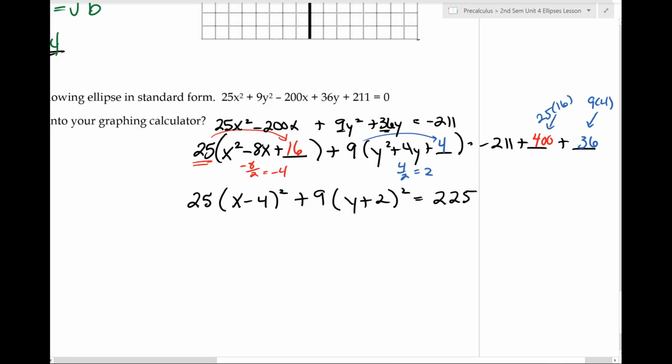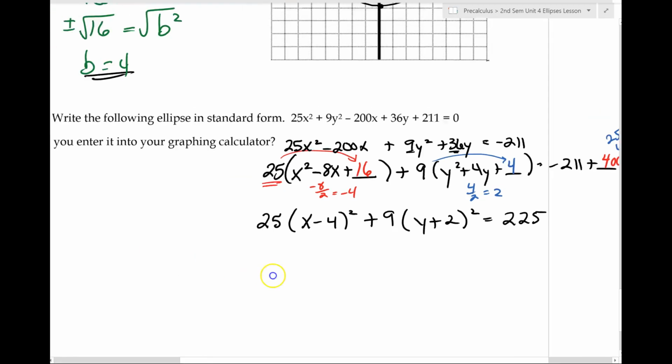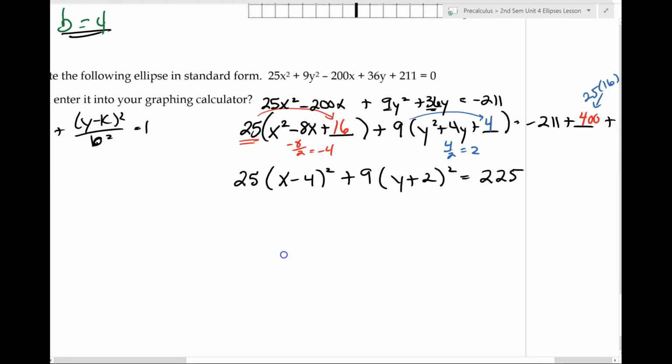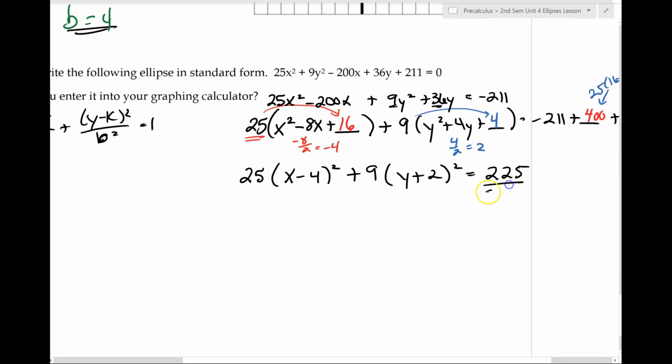Now I'm almost at standard form. Remember, standard form is x minus h squared over a squared plus y minus k squared over b squared equals 1. Remember, a can change spots; I'm just saying that's the standard form idea. So I'm going to take everything and divide by 225.